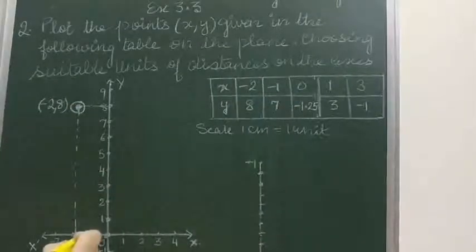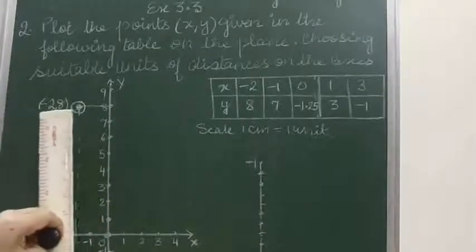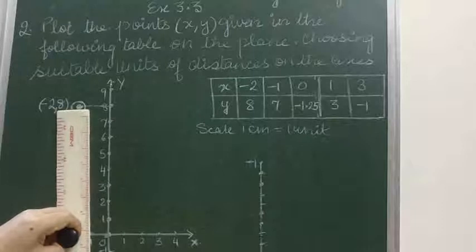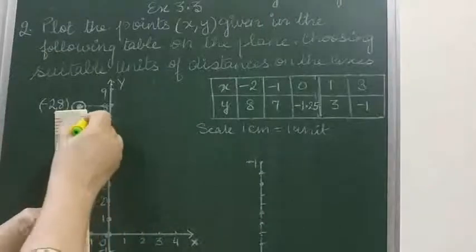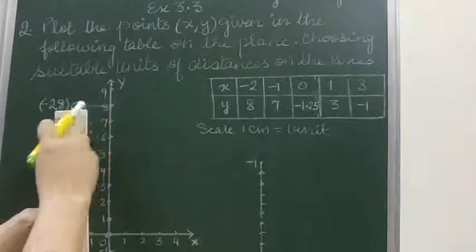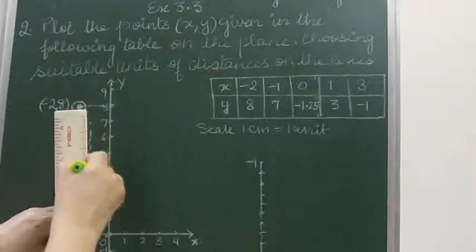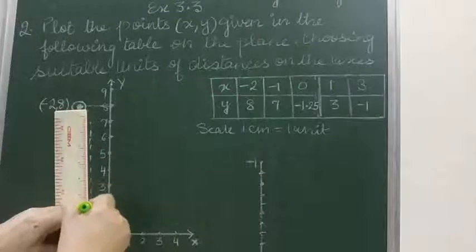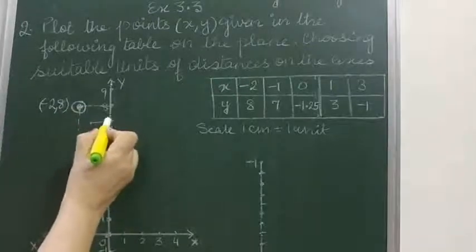Next, -1 and 7. So -1 is here and 7 is here. Again a dotted line, and a horizontal line.